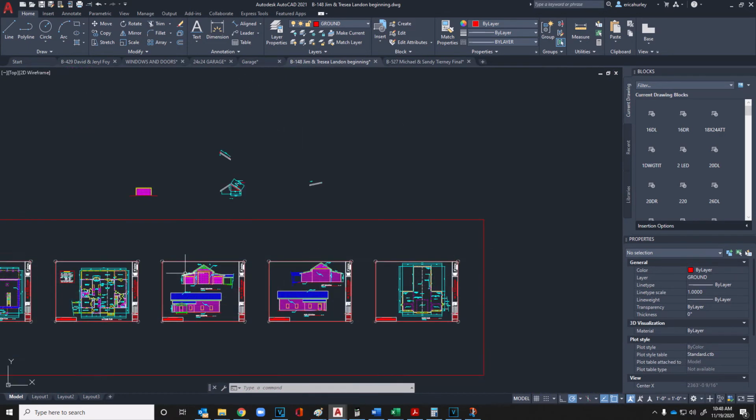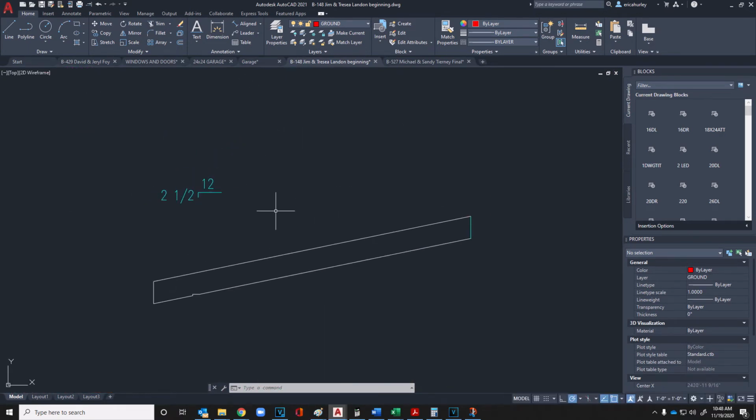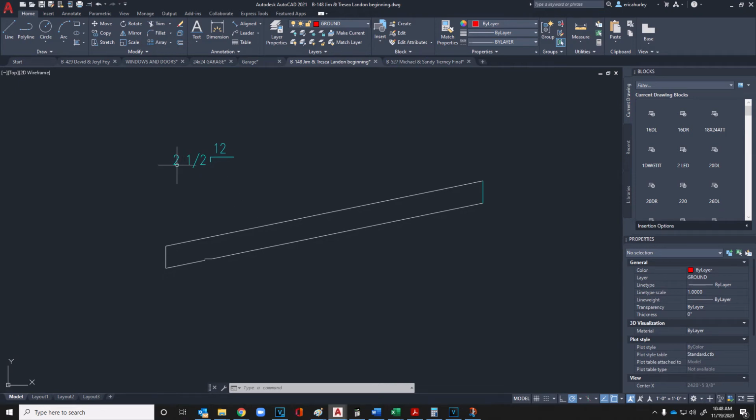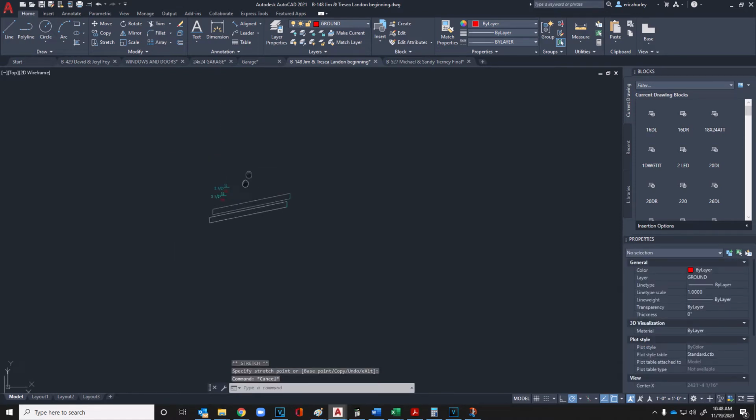This works exactly the same way as what we were doing before, except now we're using 2.5 in 12. So I need to find out what my unit diagonal is. All right, so that's my unit diagonal, UD.